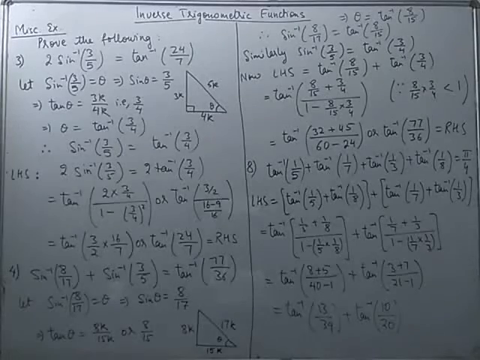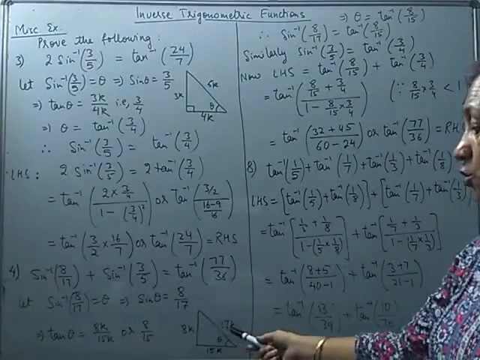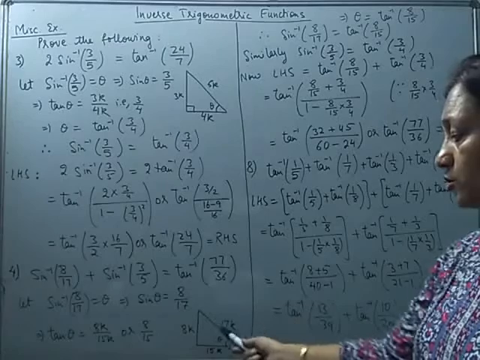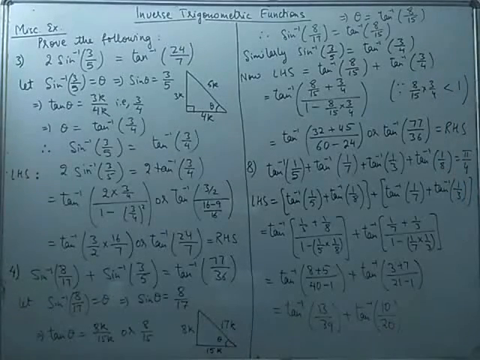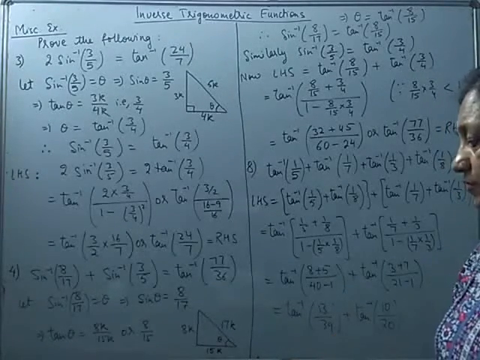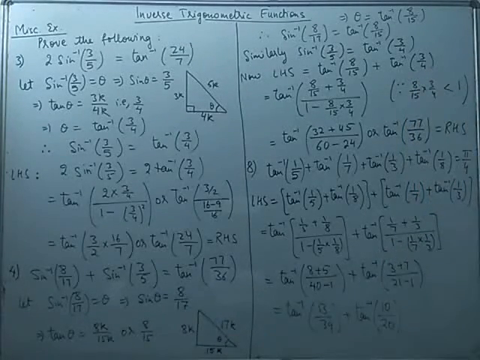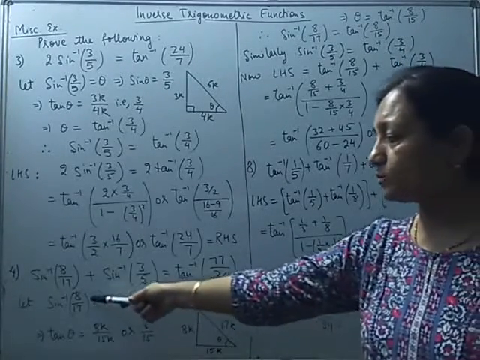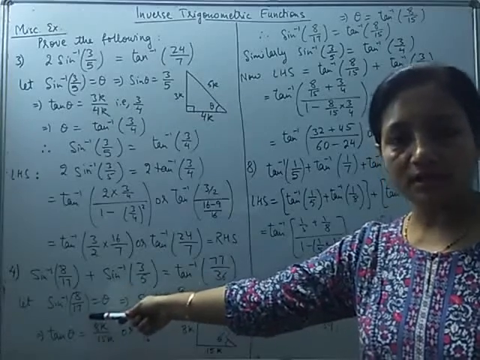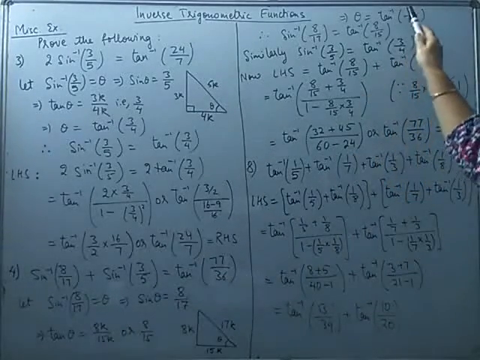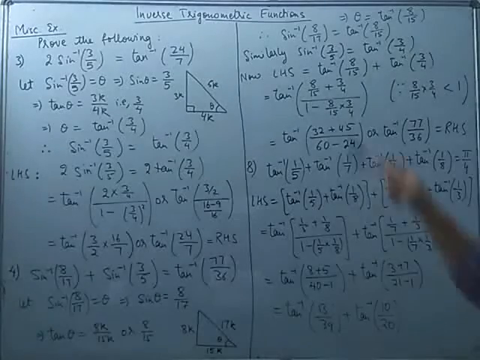So using them as the sides of the right angle triangle, altitude 8k, hypotenuse 17 times k, the base comes out to be 15 times k, and hence we get the ratio tan theta, which is 8 over 15. So theta is tan inverse 8 over 15. Earlier theta was assumed as sine inverse 8 over 17. Now it is coming out to be tan inverse 8 over 15.